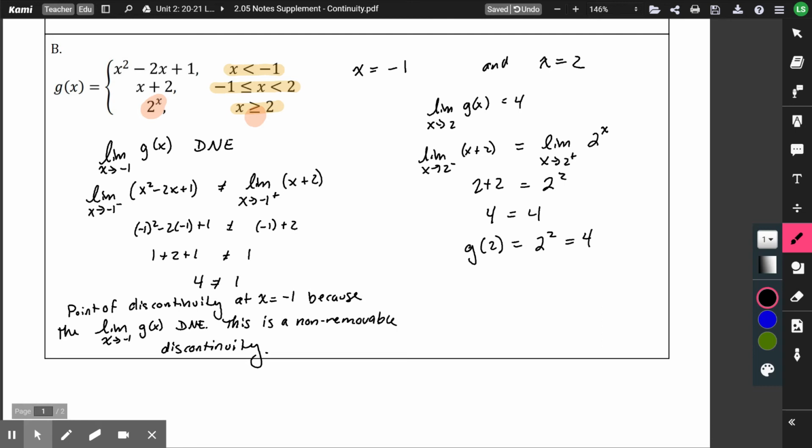And our last condition is to ensure that the limit and the point itself have the same value. So we're just ensuring that the limit as x approaches 2 of our function is the same as g of 2, which they're both equal to 4. So we would know that g of x is continuous at x equals 2.